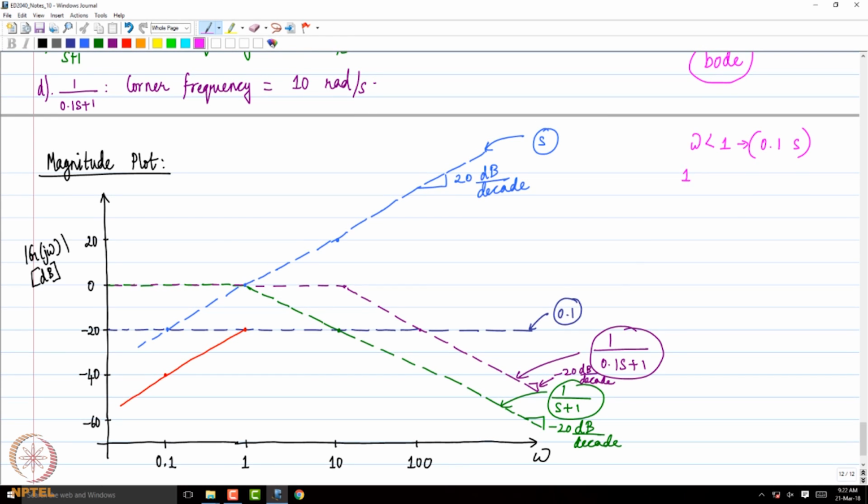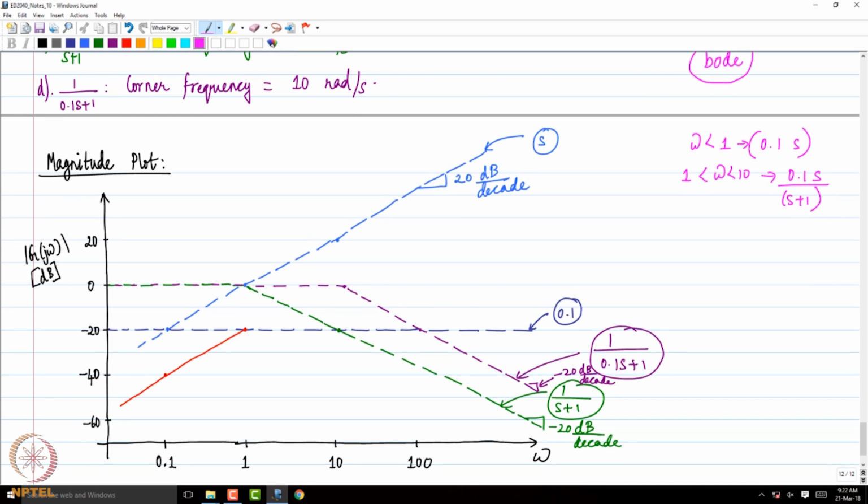Between omega 1 and 10, we will have 0.1 times s plus 1, right. Now s will contribute a slope of plus 20 decibels per decade. 1 divided by s plus 1 will contribute a slope of minus 20 decibels per decade. Both slopes will just cancel off. So what will I be left with? I will just be left with a horizontal line at the same value.